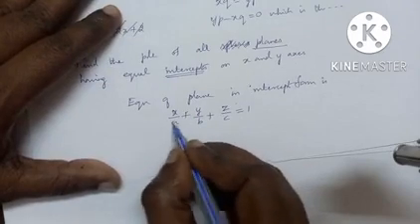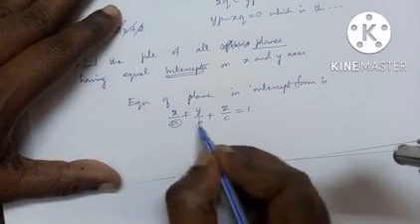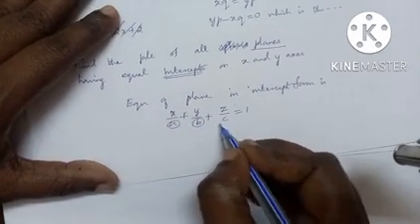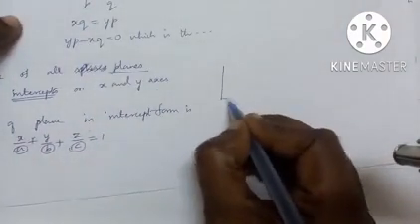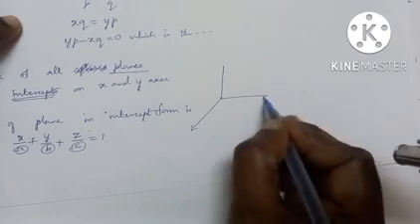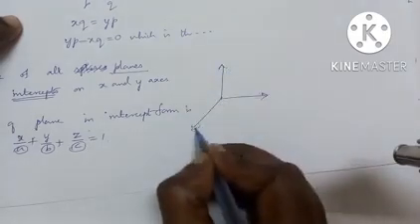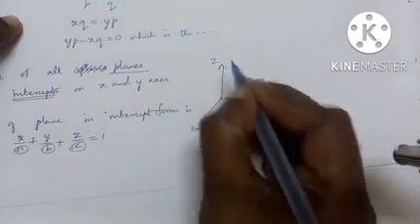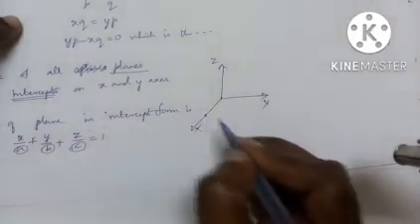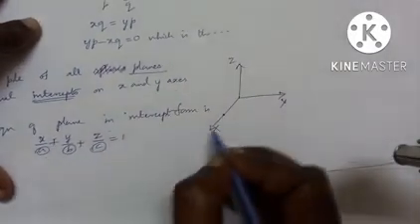What is an intercept? A is the x-intercept, B is the y-intercept, C is the z-intercept. Let us see: x-axis, y-axis, z-axis.